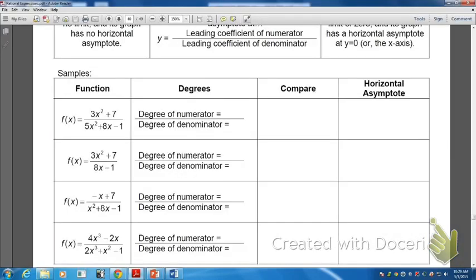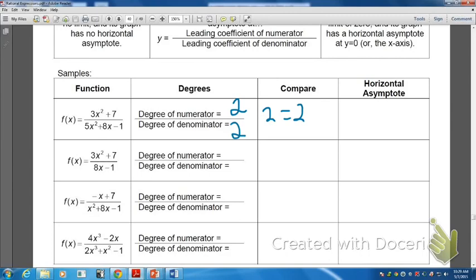Okay, so let's see how we can use our 3 conditions to find the horizontal asymptotes for these 4. All right, your first one. What is the degree of the numerator? Yes, the 2. What is the degree of the denominator? 2. So if we compare a 2 equals a 2, how are we going to determine that horizontal asymptote?